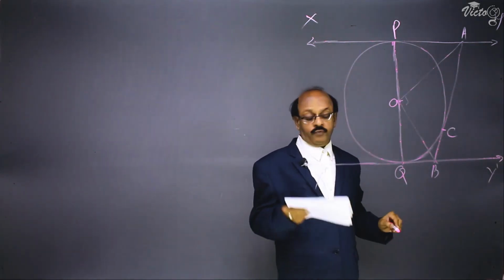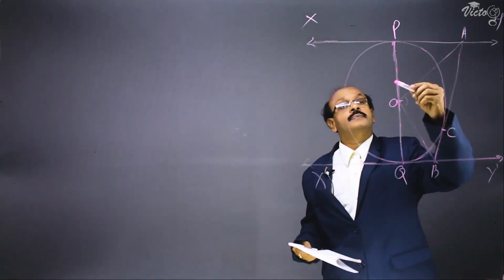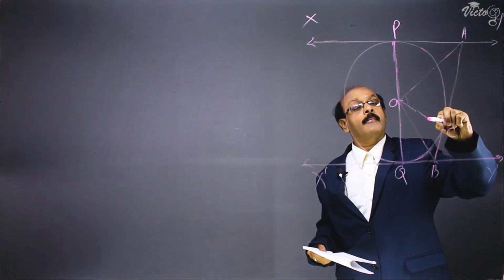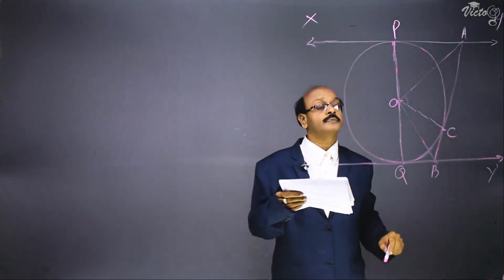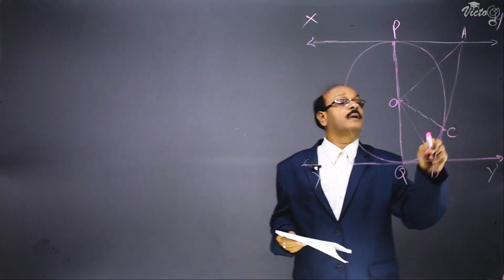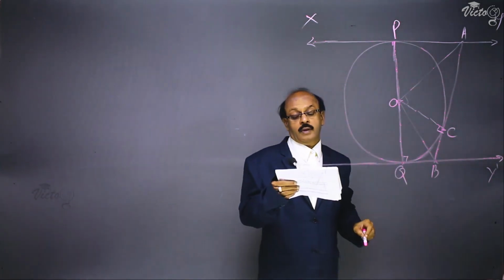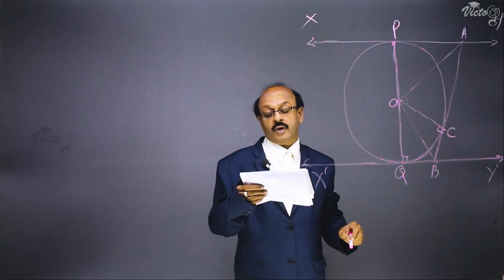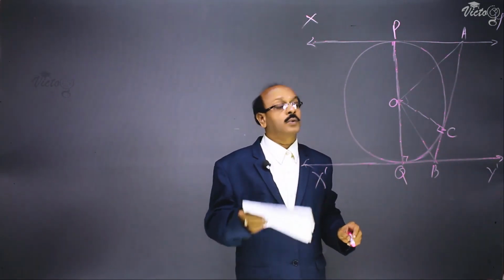For that, we have to join OC. Now we are obtaining two right triangles, OQB and OCB. We have to consider the two right triangles OCB and OQB.